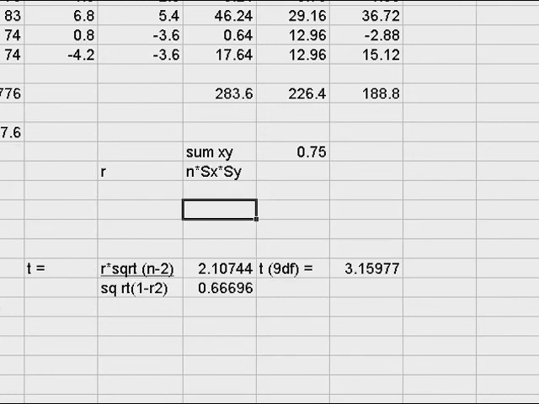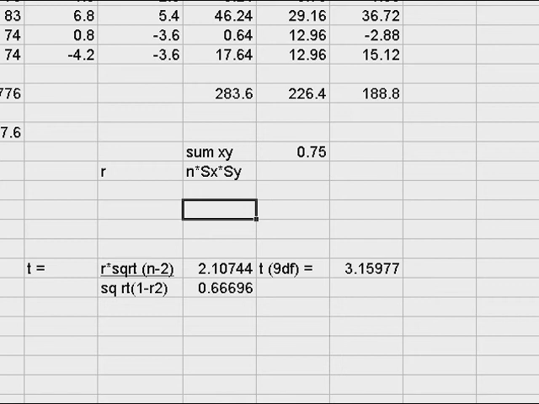Okay, well, let's take a look at how we calculate the t-score. And this is found on page 194 of the textbook. And in this instance, what we get is that t is equal to the correlation times the square root of the number of people in the study minus 2 divided by the square root of 1 minus the correlation squared.